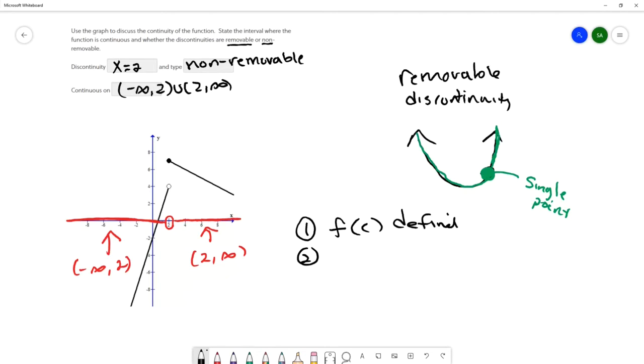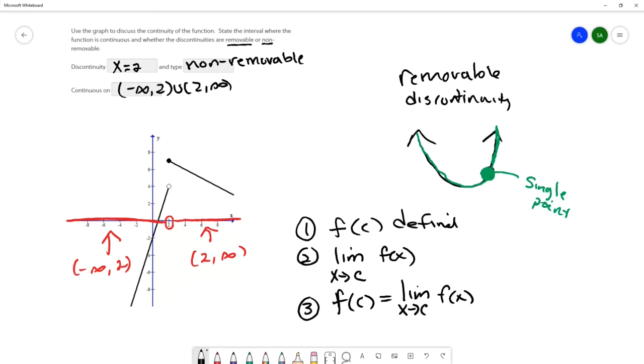The limit has to exist. So the limit as x approaches c of our function has to exist, and they have to agree with each other. So that means that the function value has to equal the limit value.